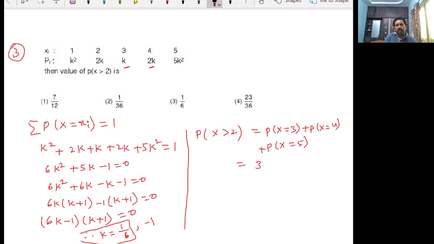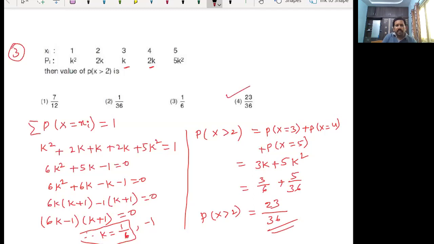Totally 3K plus 5K square. In place of K, substitute 1 by 6. We get 3 by 6 here, here 5 by 36. Now take the LCM, 36. 6 3s are 18. 18 plus 5, 23. So P of X greater than 2, we got the answer 23 by 36. So fourth option is correct.